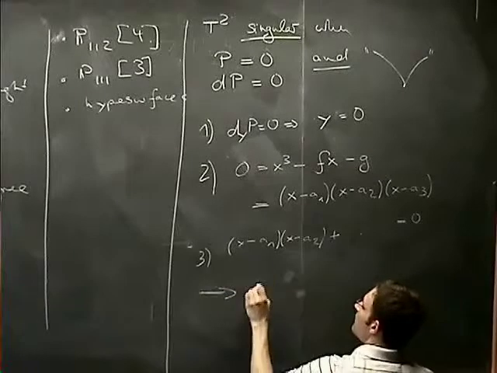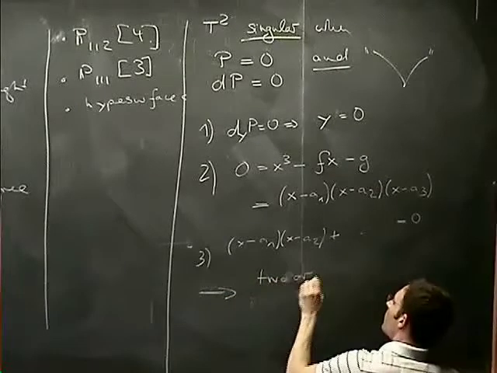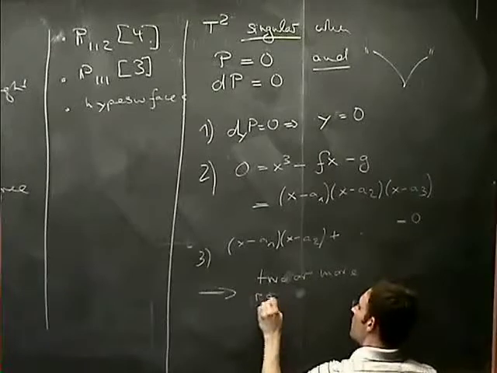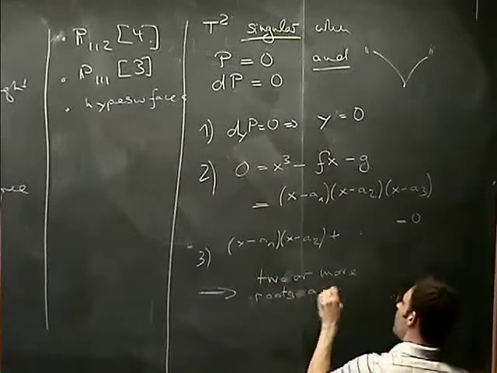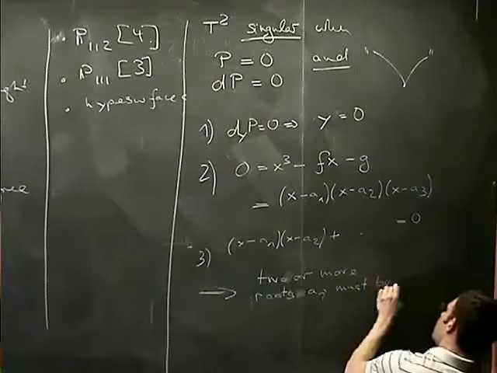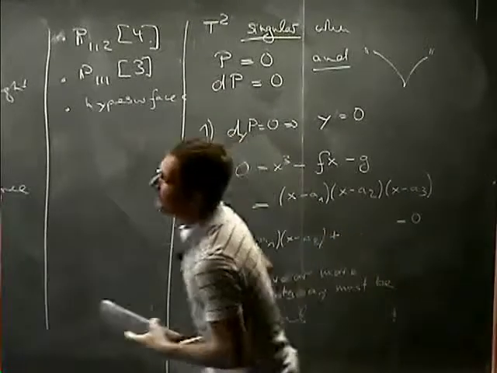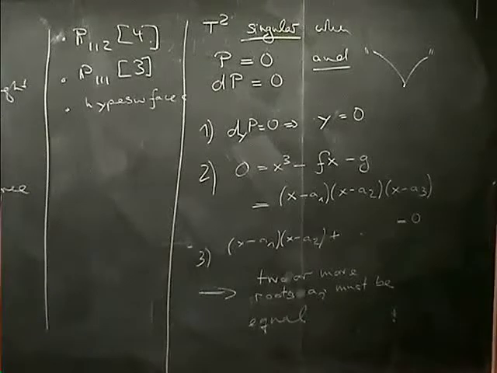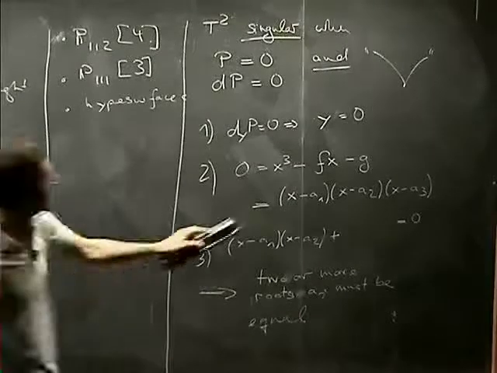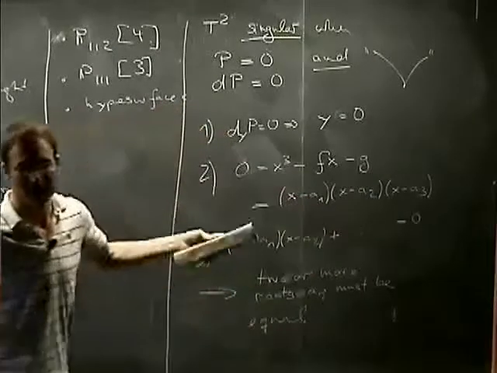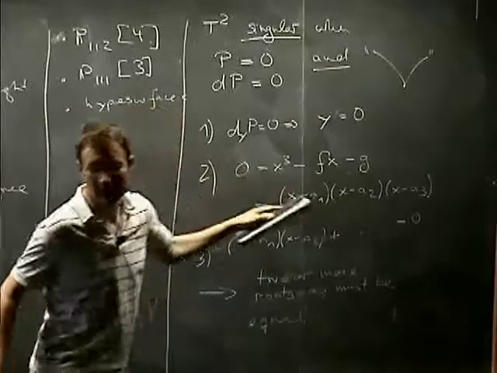So 2 or more roots a_i must be equal. This is something that depends on the values of f and g, which we plugged in at the time. Here it's just a complex number.